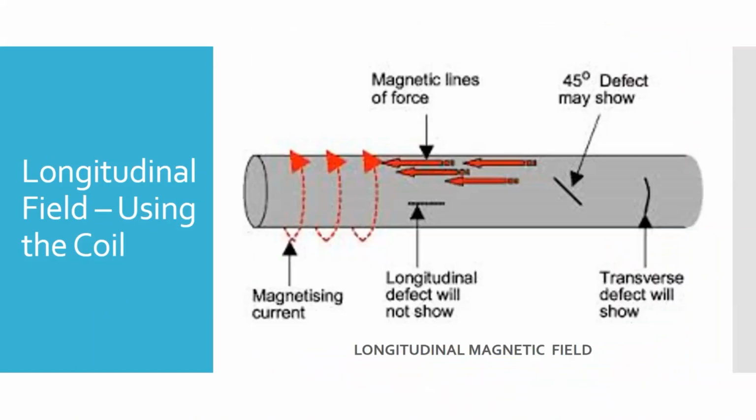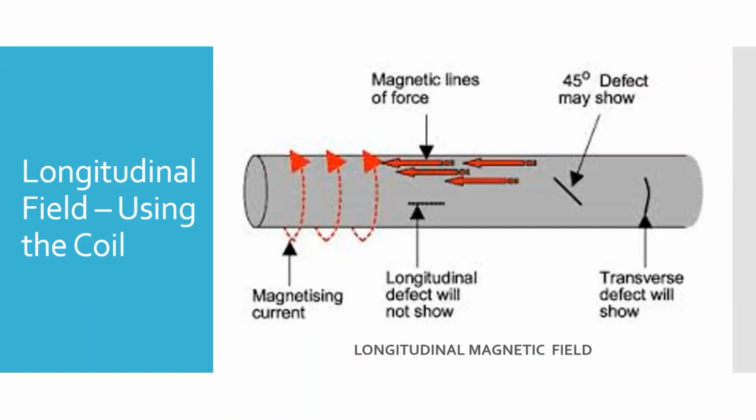So if we look at what that looks like, just kind of a drawing of it. You can see the magnetizing current here, that coil that surrounds the part makes these circular current lines, the dashed red lines. And then the magnetic lines of force, or the flux, you can see are the large red lines going left to right there.